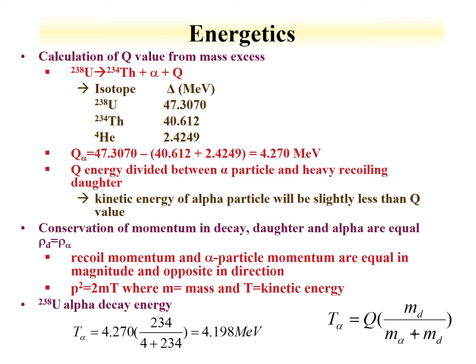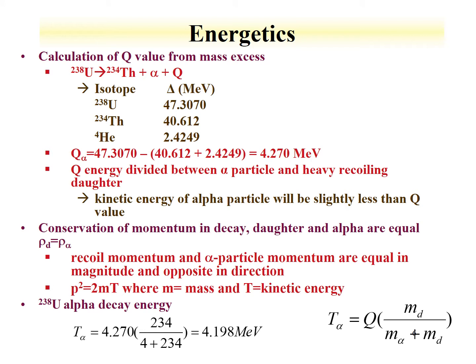So we can use the calculations that we discussed to evaluate Q values for reactions. As an example here, if we wanted to evaluate the Q value of the decay of uranium-238 to thorium-234 plus an alpha, we get the mass excesses of uranium-238, thorium-234, and an alpha particle, and arrange this equation.